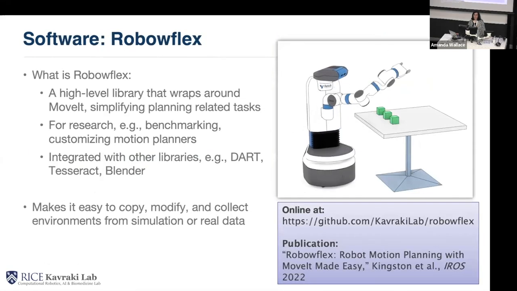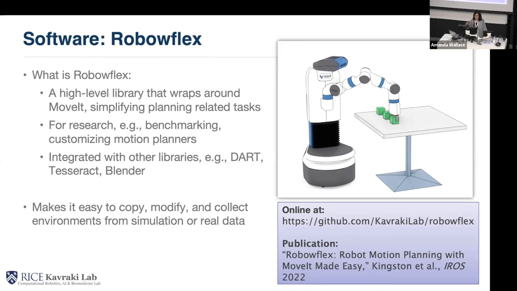So in order to run motion planning with different environments, and have the ability to work with MoveIt and to execute it on a real robot, you need a lot of, let's say, machinery. And one piece of machinery that we are offering right now is Robowflex, which is really a wrapper. It's MoveIt made easy. This is the shorthand for Robowflex.